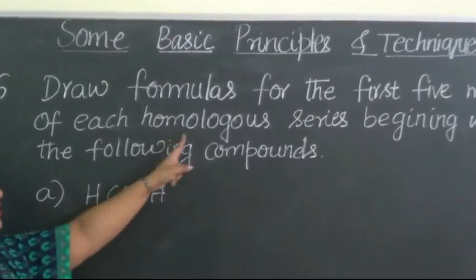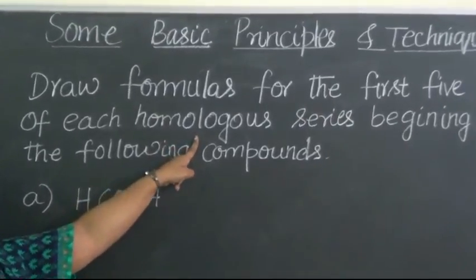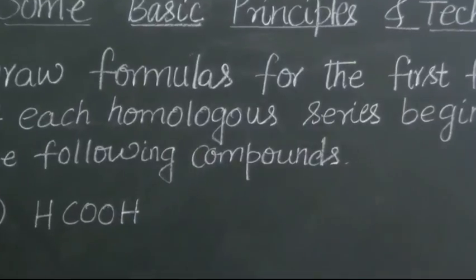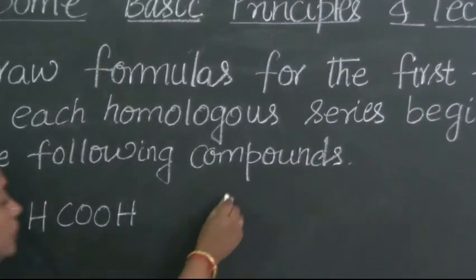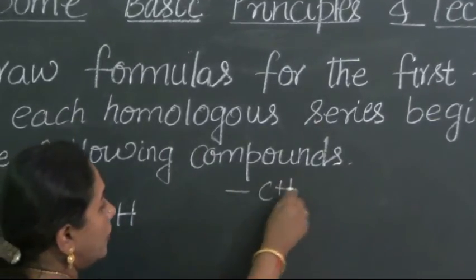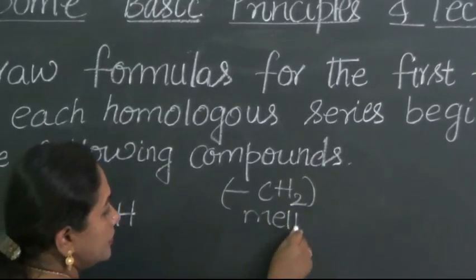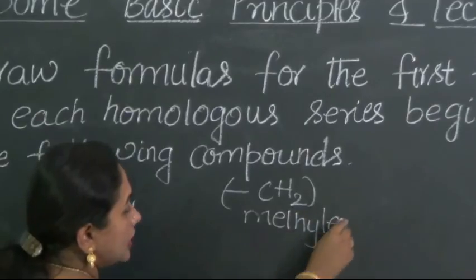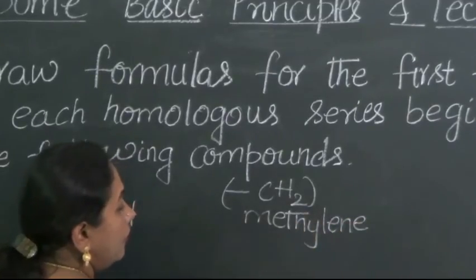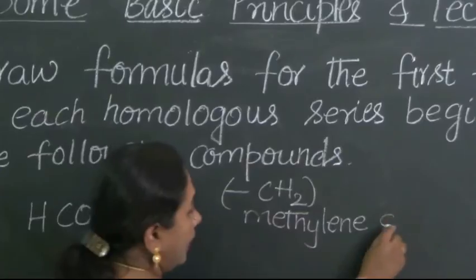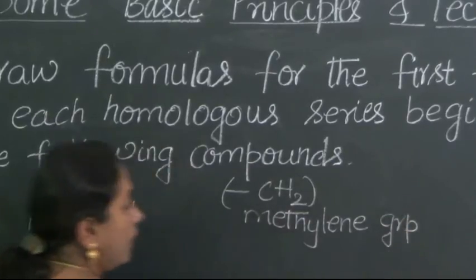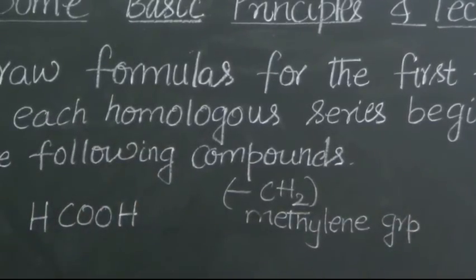So, every successive member of the same homologous series will differ by a CH2 group. A CH2 group is called the methylene group. So, every successive member will differ by a CH2 group or a methylene group.